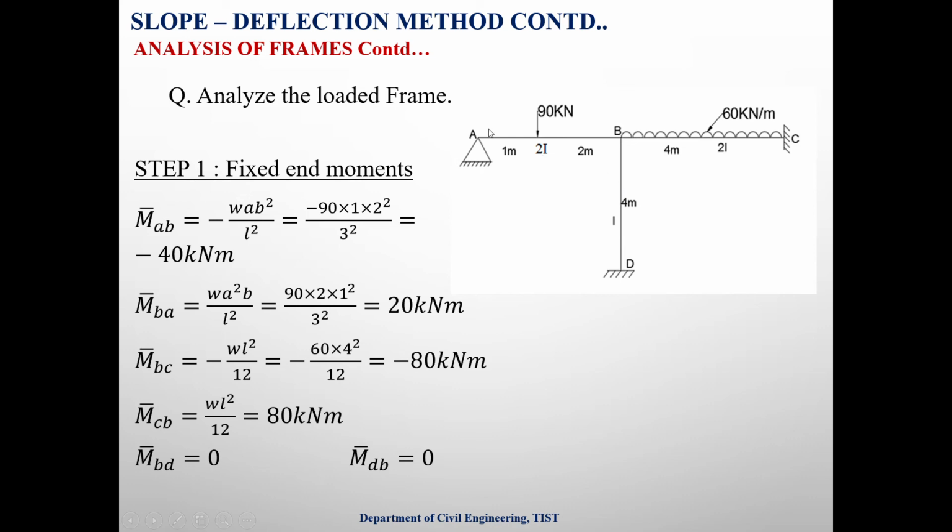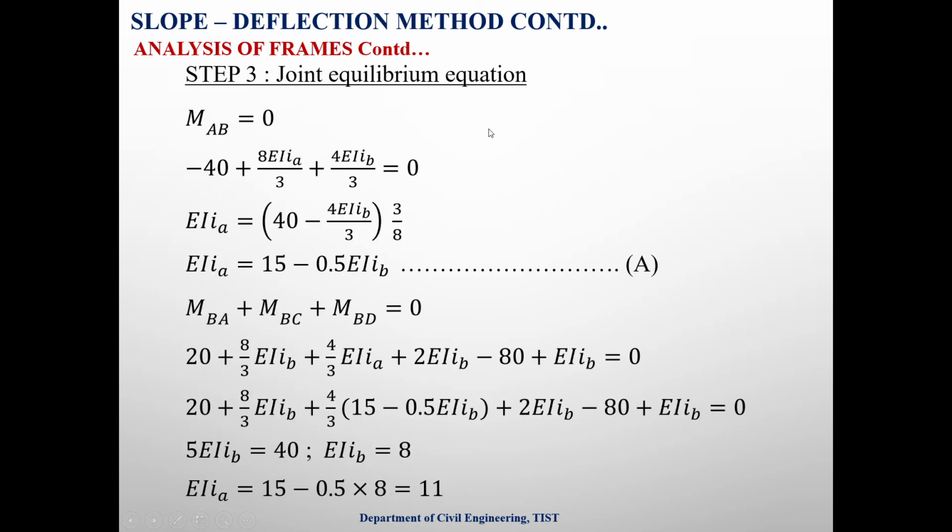We know the equation of MAB, so substitute the equation of MAB equal to 0. Then we will get one equation. The second equation is MBA plus MBC plus MBD is equal to 0.